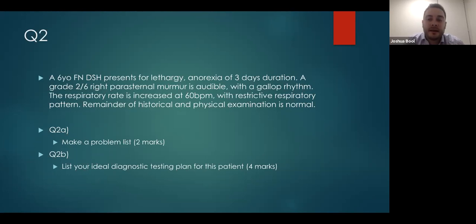You could also argue that we might benefit from an abdominal ultrasound, based on the anorexia, but I think I'd wait until I had those first tests before I recommended that.